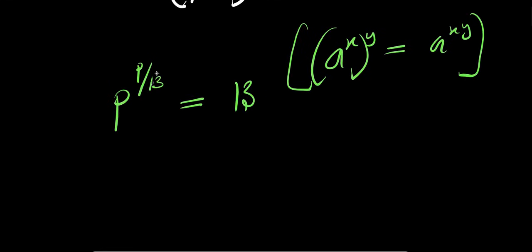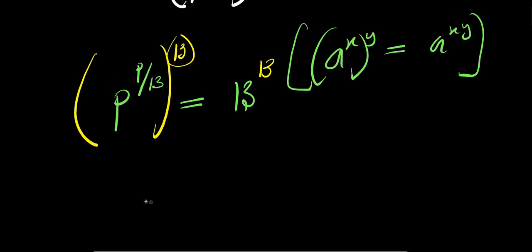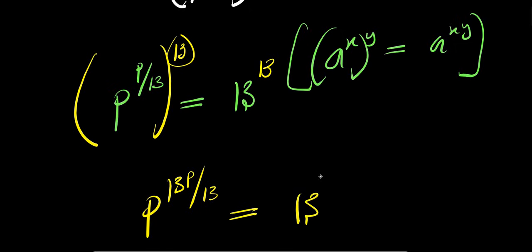So I need to eliminate this 13. I got to raise this to the power of 13 and also raise this to the power of 13. So 13 multiplies p, we have p power 13p divided by 13 equals 13 power 13. The 13 can cancel 13, right?